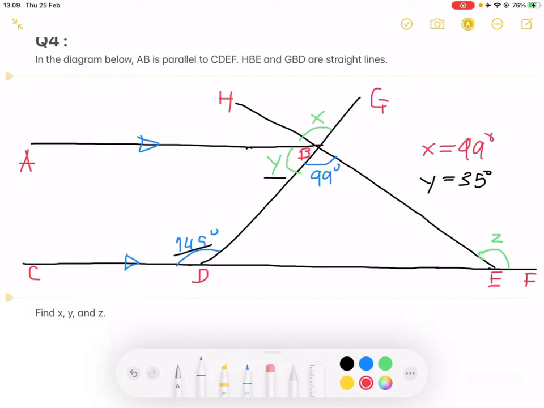Now Z is not so obvious, but it involves pretty easy steps. So notice that we can first find this angle right here, which is BDE, and which is just 35 degrees, by knowing that the sum of all angles in a straight line must add up to 180 degrees.